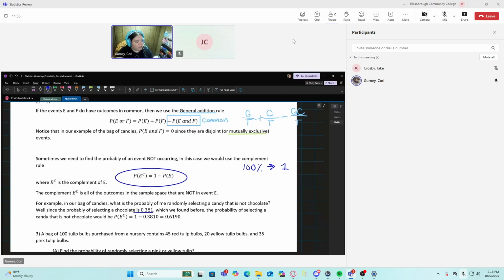So I just select that probability and I'm doing 1 minus it, because this is the probability that it will be chocolate. So if they all have to add to 1, if I just remove the probability that it's going to be chocolate, what's left over is going to be what's not chocolate. So this is what's not chocolate. Okay, that actually makes sense.